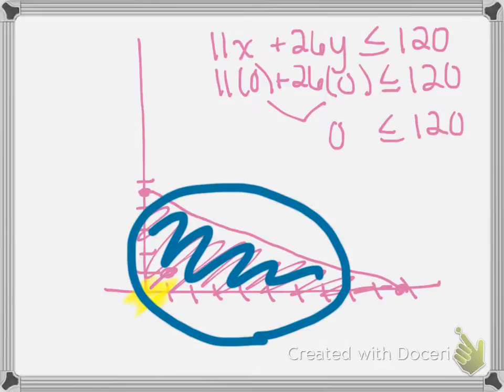This point right here, let me change my color. 1, 1. You could spend 1 day on the bikes and 1 day on the canoes. 2, 1. Now, X is my canoes.